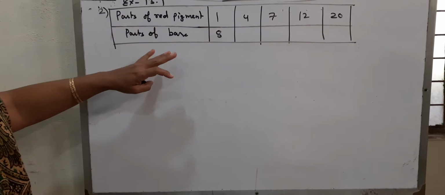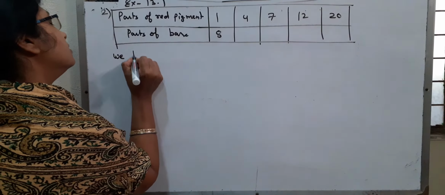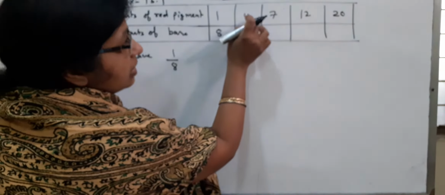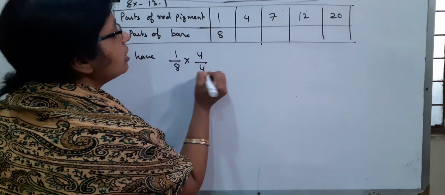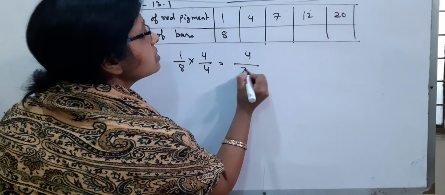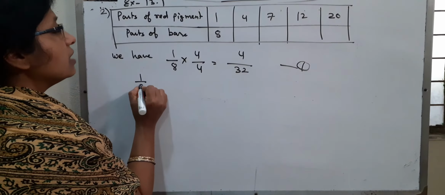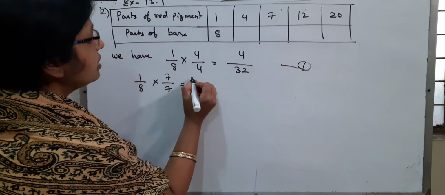Parts of pigment upon parts of base. We have 1 by 8. To get 4 in the numerator, we multiply numerator and denominator by 4. We get 4 by 32. This is for the first. Then 1 by 8: in the numerator we get 7, then we multiply the denominator, 56.